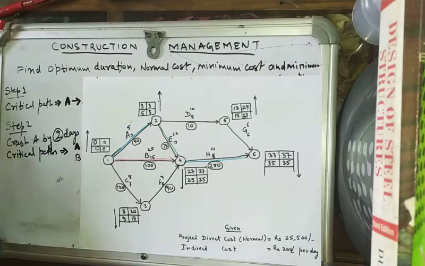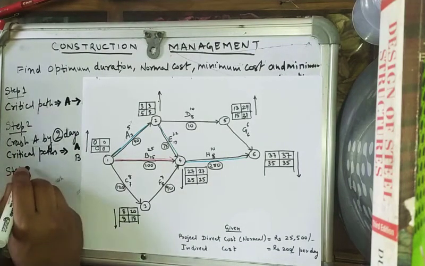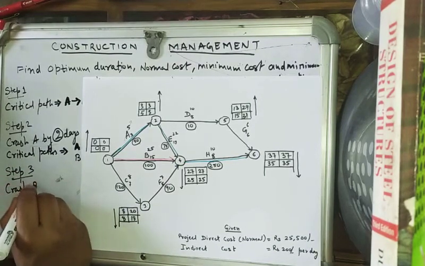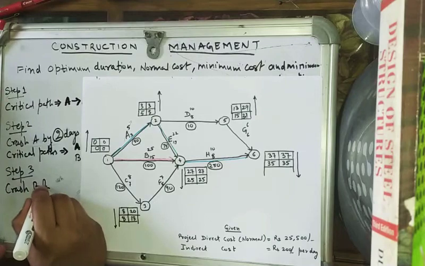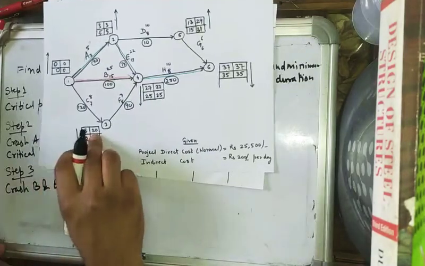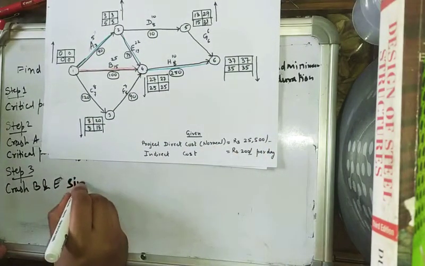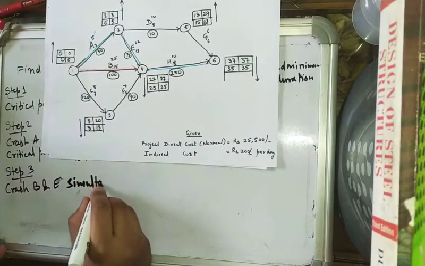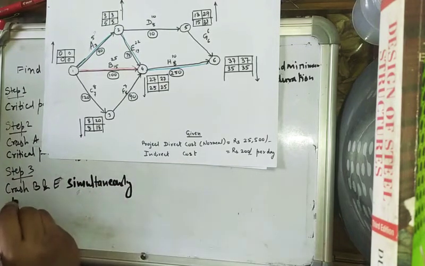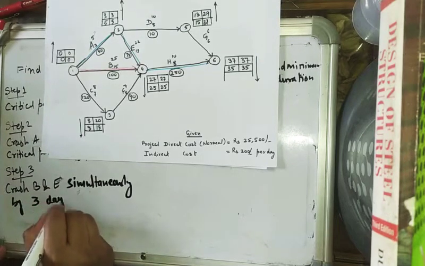So step 3 will be crash B and E simultaneously by 3 days.